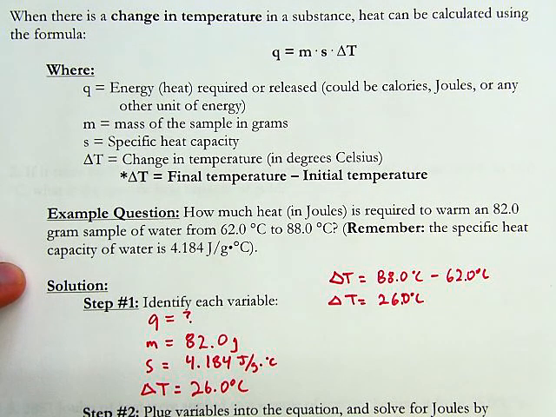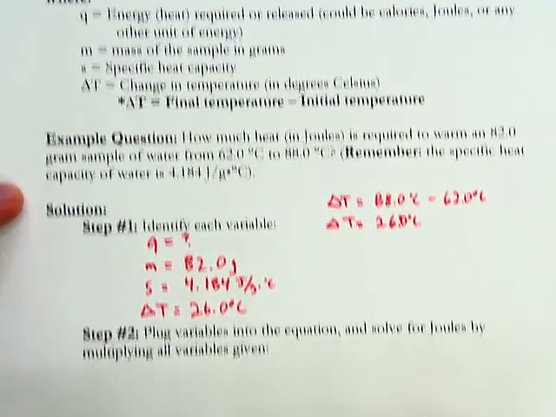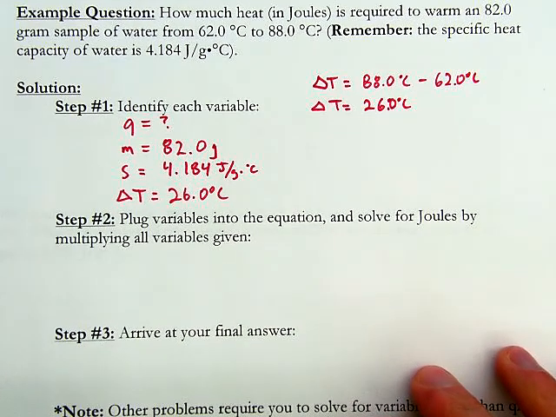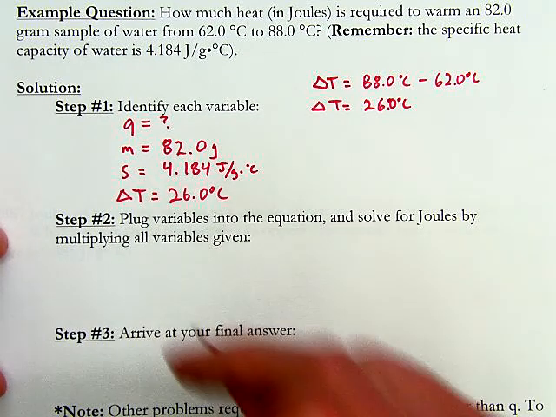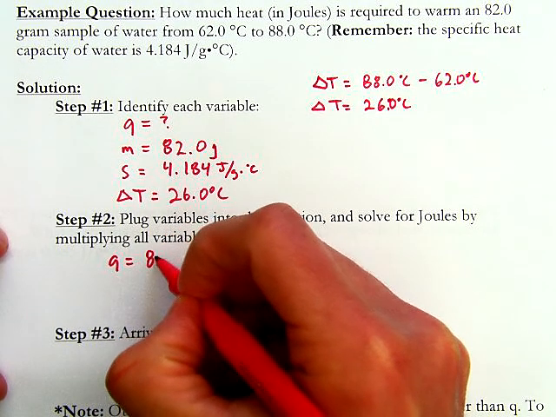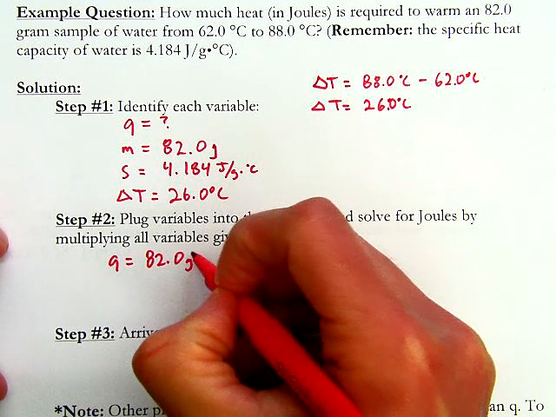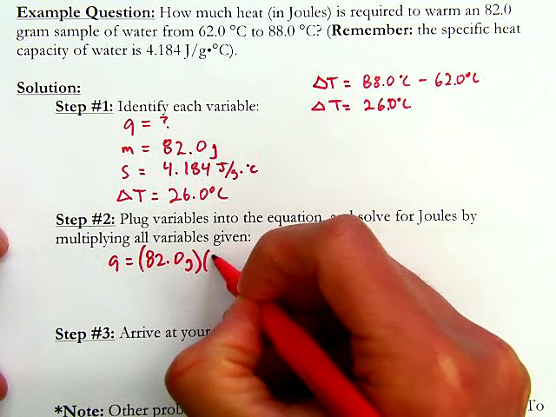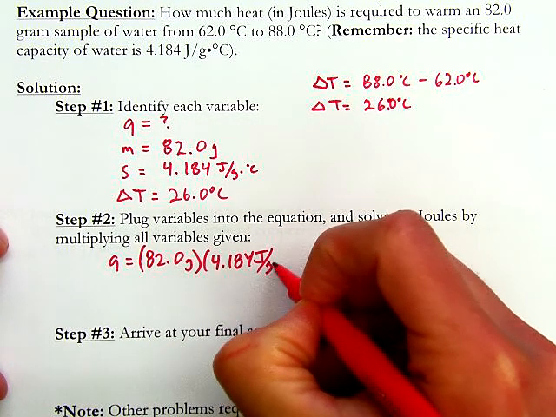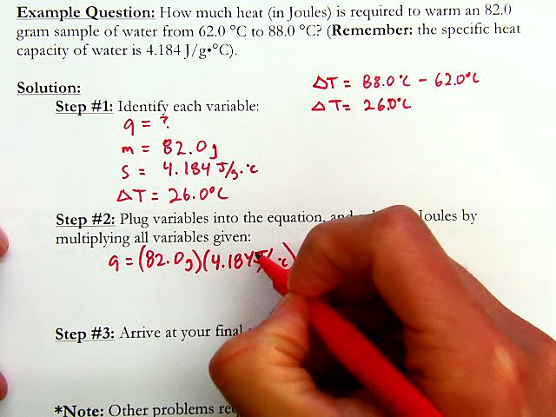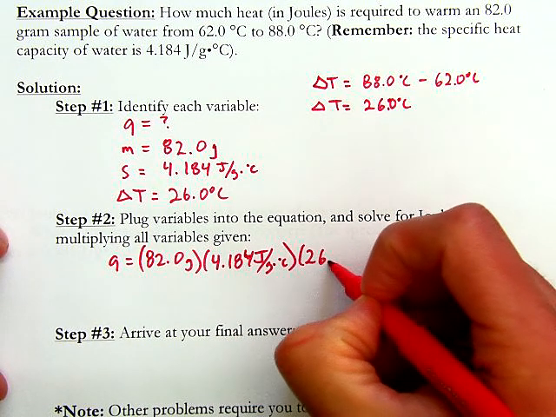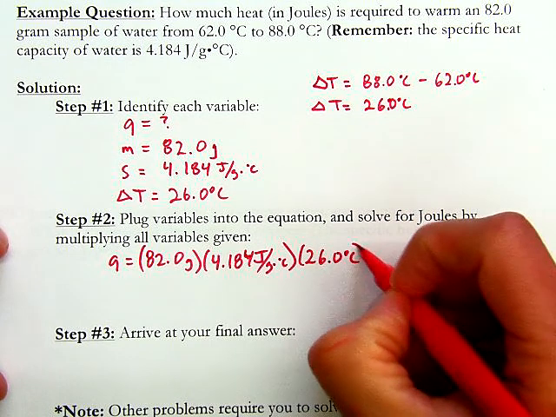So now that we know what they all are, we're going to be plugging them into our equation, which is Q equals ms delta T. So Q equals M, 82.0 grams, S, 4.184 joules per gram degree Celsius, and then delta T is 26.0 degrees Celsius.